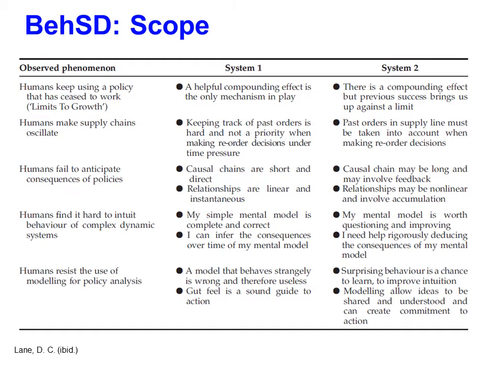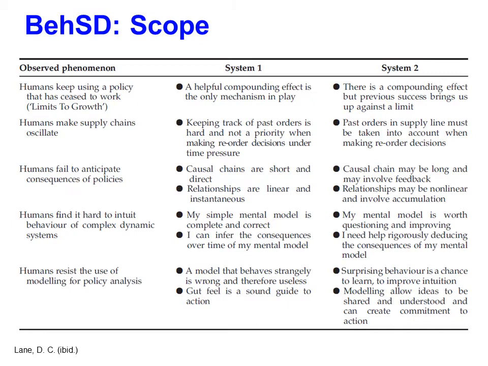The second example relates to the beer game and supply chain oscillations. System 1 might say, I'm under terrible time pressure, I have to make this order decision, I just have to get on. Oh, I've forgotten what past orders I've made. System 2 says, well no, clearly we need to find time and the place, even if it's just a bit of paper, to record past orders.